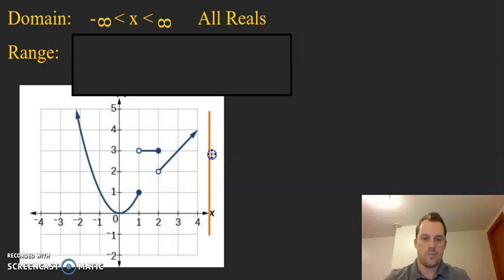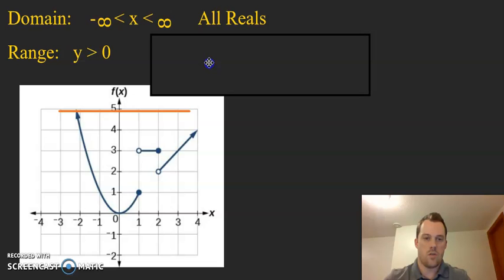Our range, then there is a minimum here. It doesn't go below y equals 0. And then as we increase, these other 2 components don't matter because this piece right here goes forever as we increase on y. So y is greater than 0.